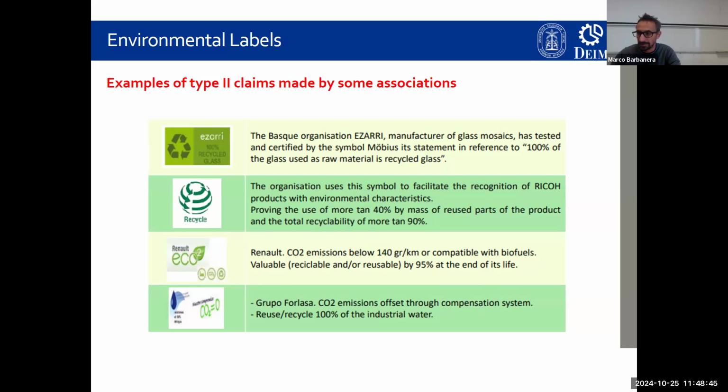So in different part of Europe or by different companies. So in the market, you have the possibility to find a very long list of different type 2 labels. But the main problem is to understand the real meaning of these labels. It's not easy for the consumer to understand, to know the meaning of these labels.